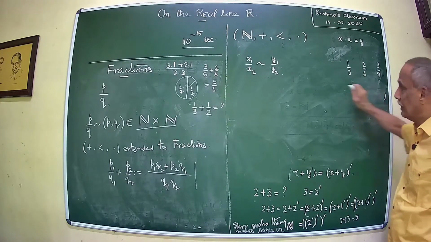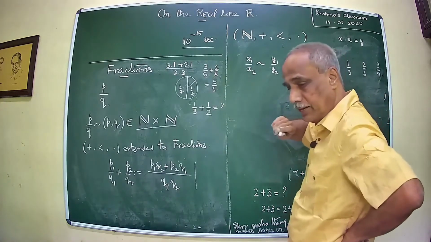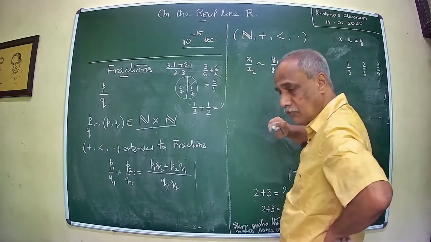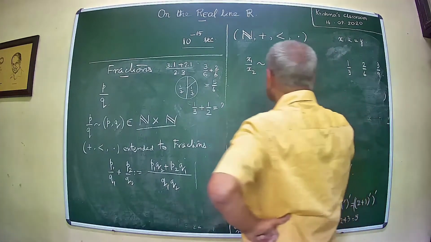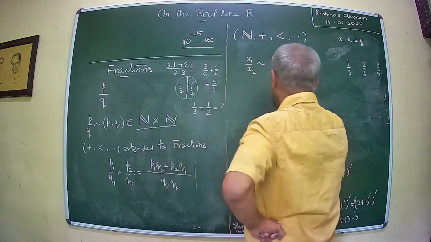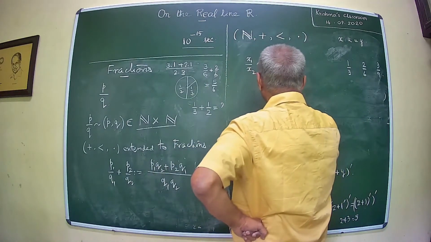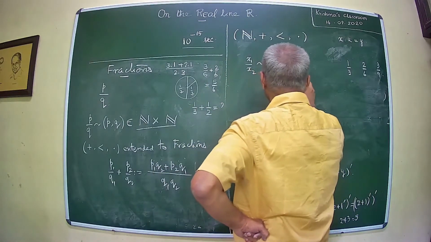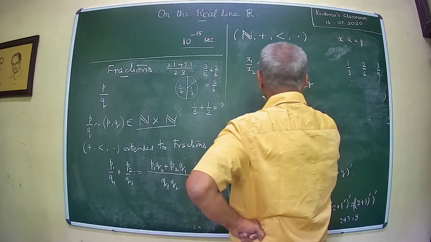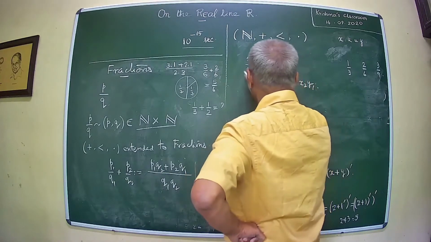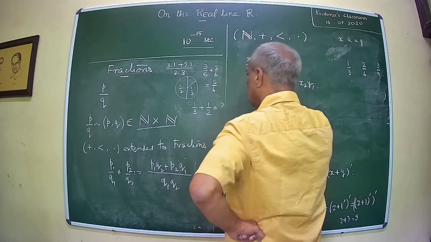So you say that they are the same provided the following holds, that is x1 y2 equal to x2 y1.